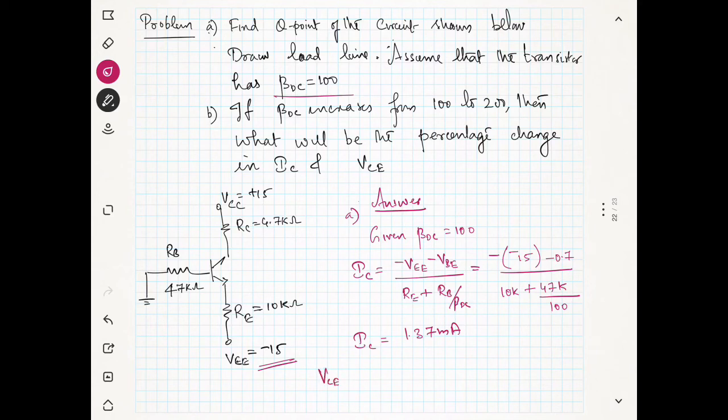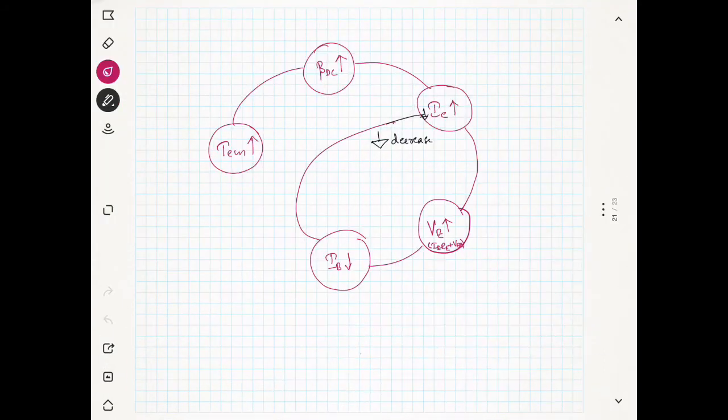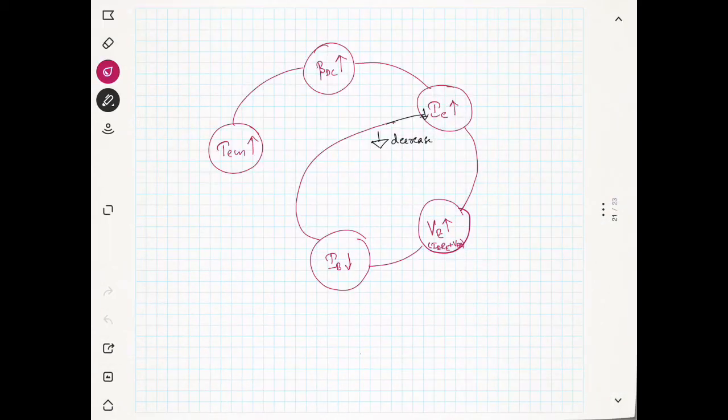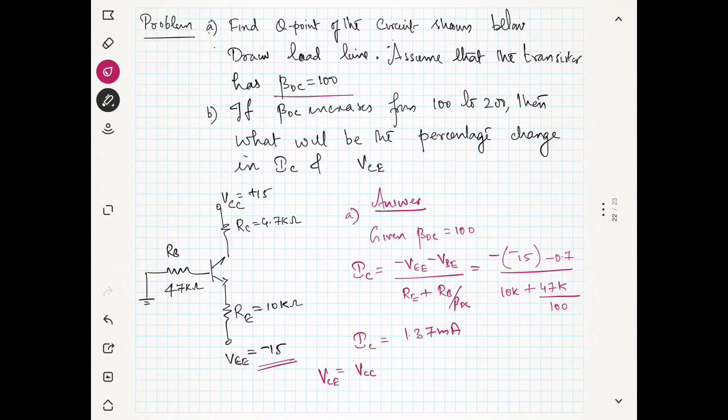Then you can find VCE. What is VCE? VCE is equal to, we will just write the formula. VCE is equal to VCC minus VEE, so this is the formula. So VCC minus VEE minus IC into RC plus RE. So this is equal to, what is VCC?